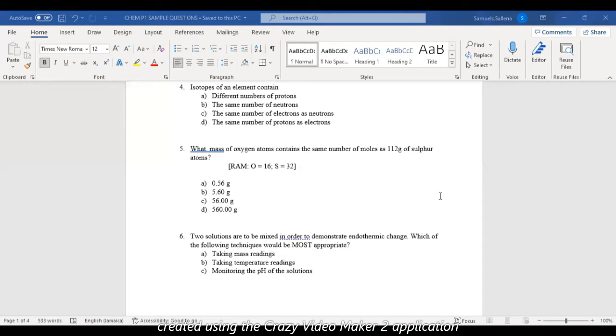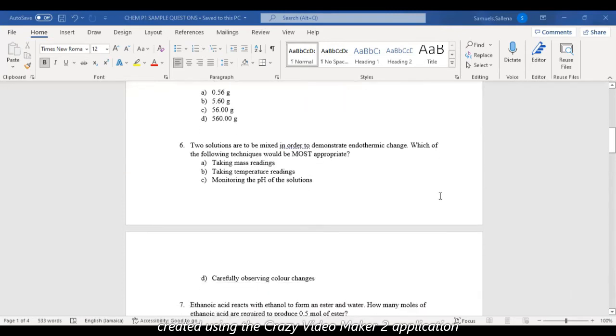So we would multiply 16 grams per mole, that is the molar mass of oxygen, by 3.5 moles, which will be equivalent to 56 grams. So the answer is C. The mass of oxygen atoms that contains the same number of moles as 112 grams of sulfur atoms is 56 grams.